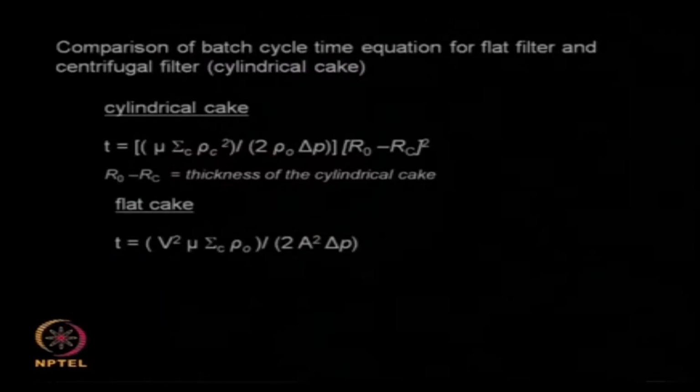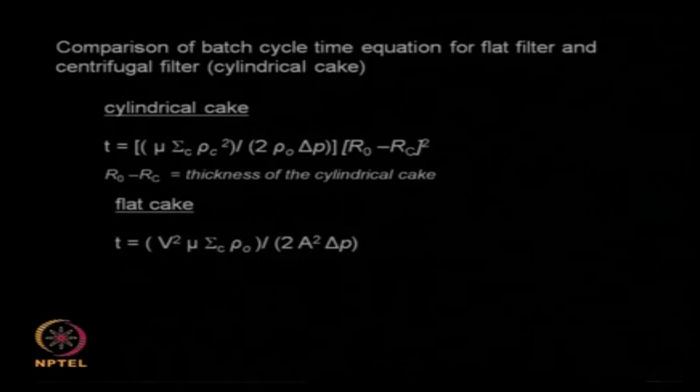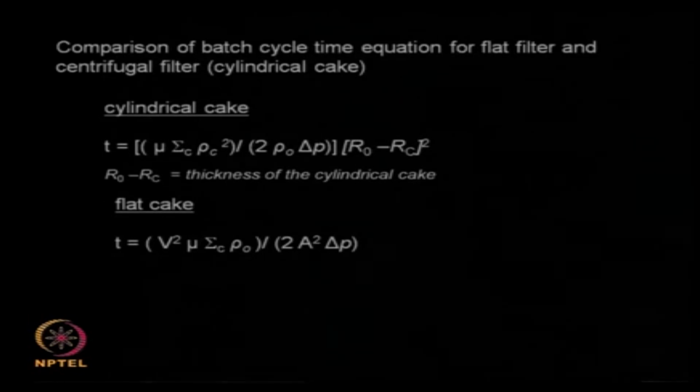One important point which you need to remember is that when I use a flat filter, the cake that is formed is flat, whereas when I use a centrifugal filter to filter the solids, then the cake that is formed is cylindrical. Okay. So there is a difference between the cakes that is formed.